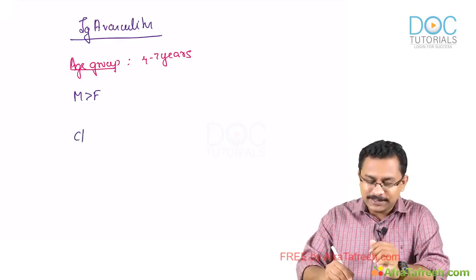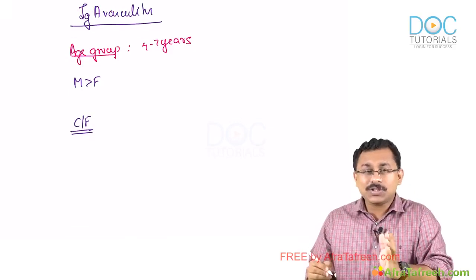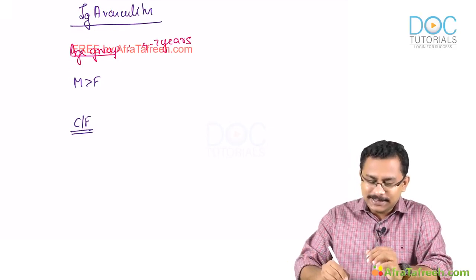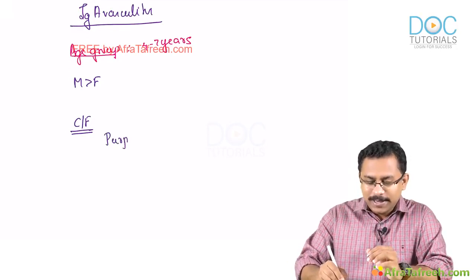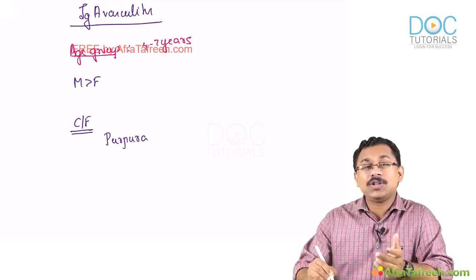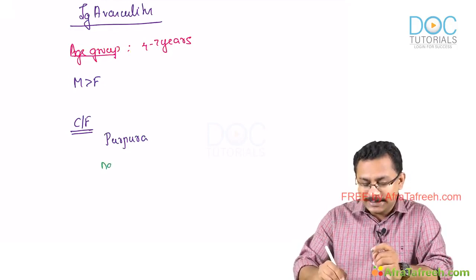Clinical features of IgA vasculitis: the most common feature, which is present in almost all patients, is a purpura. And remember, this purpura will be a palpable, non-thrombocytopenic purpura.